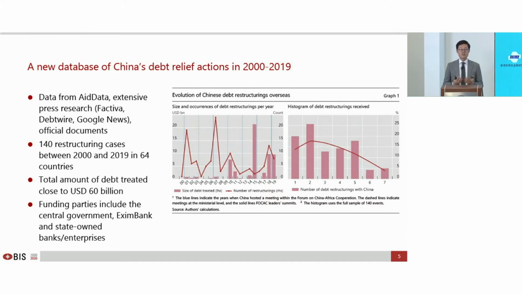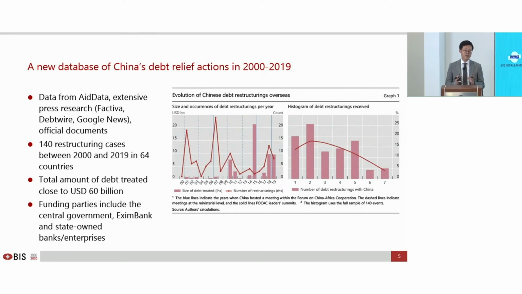The total amount of debt China treated, either in terms of haircut or extension of maturity, is close to 60 billion US dollars. When you think about this number, of course, we need to be very careful because in the news and in other research works, you may encounter different numbers.